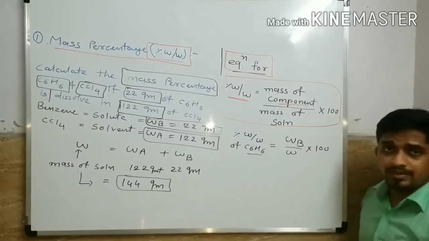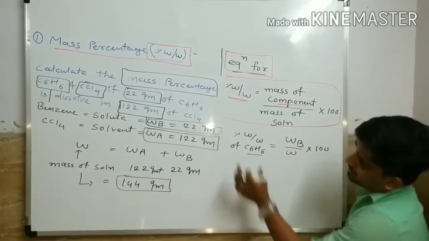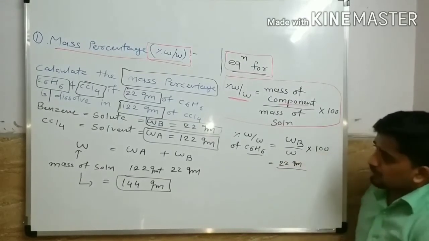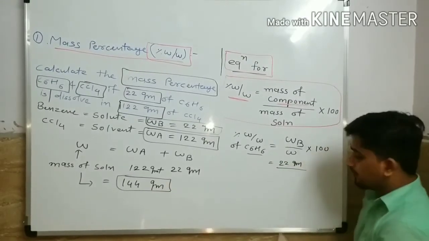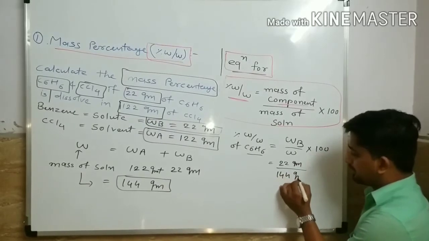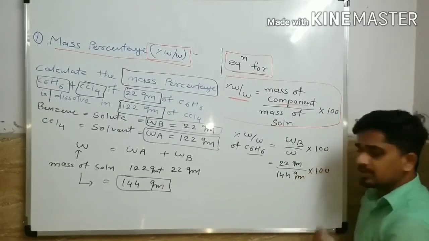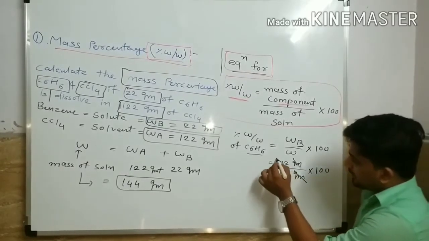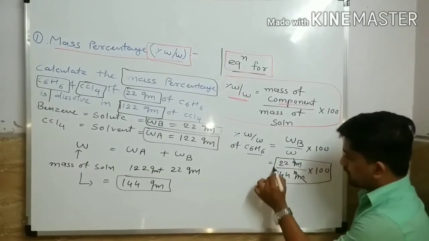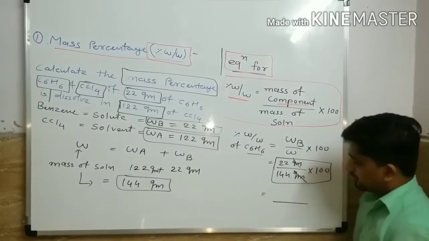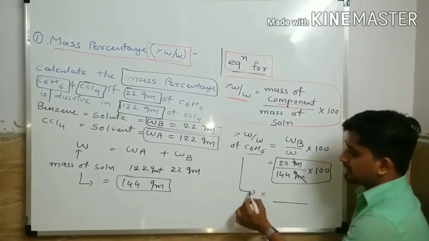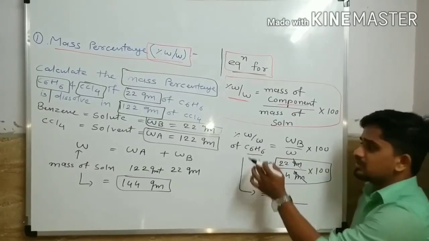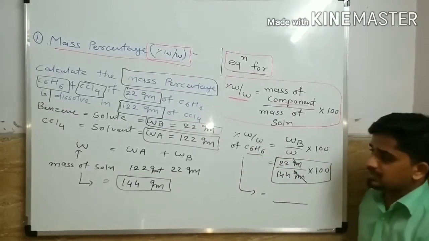WB is given, 22 gram. W is equal to 144 gram, into 100. Here gram and gram will cancel, and calculate this. Whatever the answer, write it down here, and this answer is your percentage of W by W of benzene.